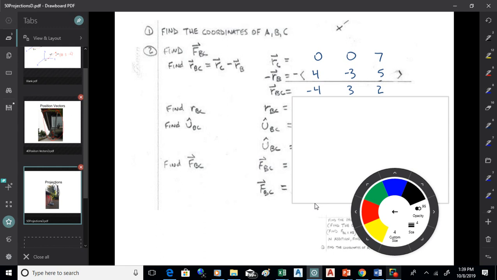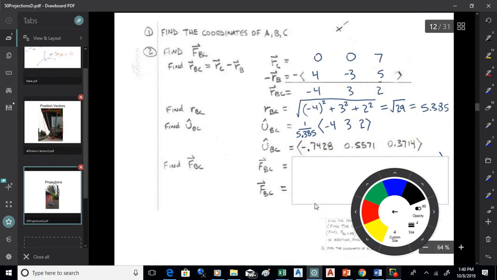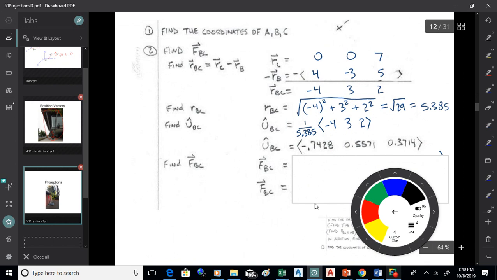That's a nice 3 again. So I got 5.385, something like that for the length. Is that right?